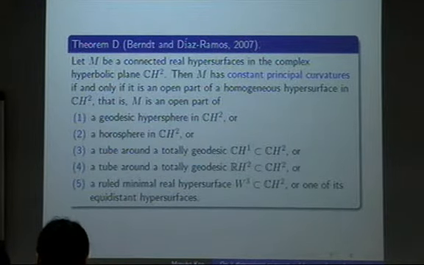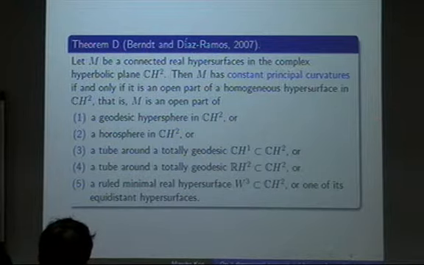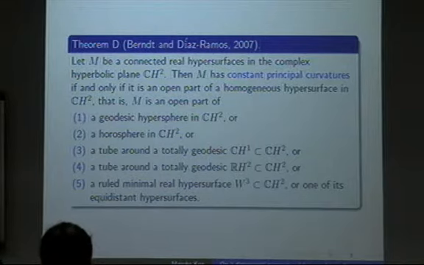And next, Professor Berndt and Professor Díaz-Ramos gave the theorem for constant principal curvatures. Let M be a connected real hypersurface in the complex hyperbolic space CH2. Then M has constant principal curvatures if and only if it is an open part of a homogeneous hypersurface in CH2.